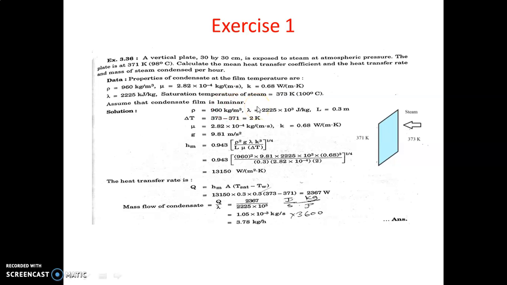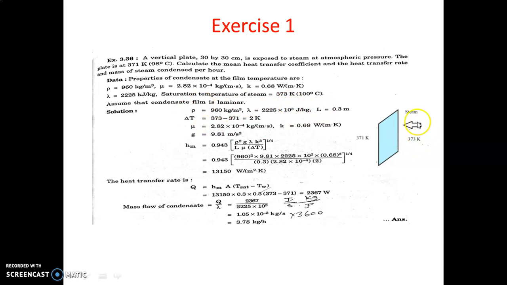So the flow type in that vertical condition is laminar flow. That means the Reynolds number is below 2100. So there is a plate, suppose this plate is 30 by 30 centimeters. That means these distances are 30 by 30 centimeter, exposed to steam at atmospheric pressure. So steam is coming from this side and the steam temperature is 373 Kelvin.